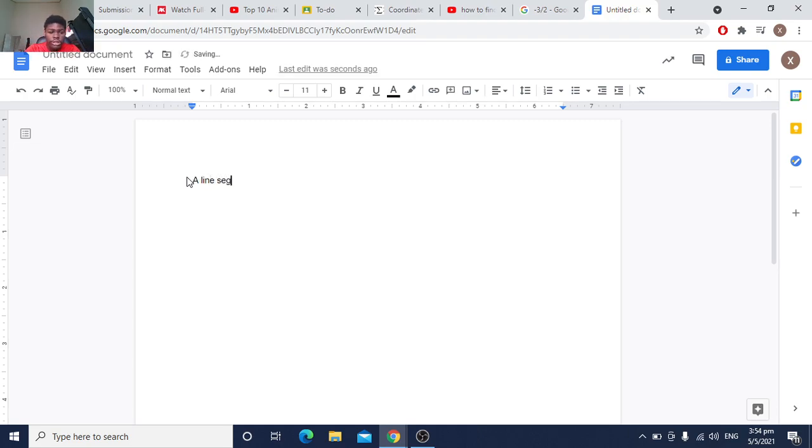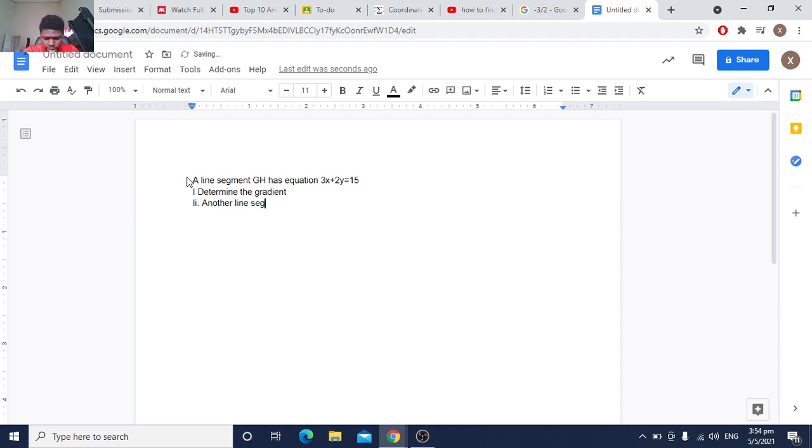All right, so a line segment GH has equation 3x plus 2y equal to 15. Determine the gradient.